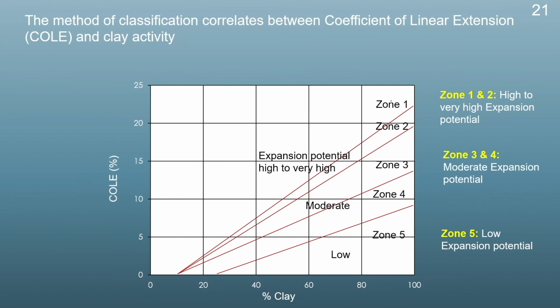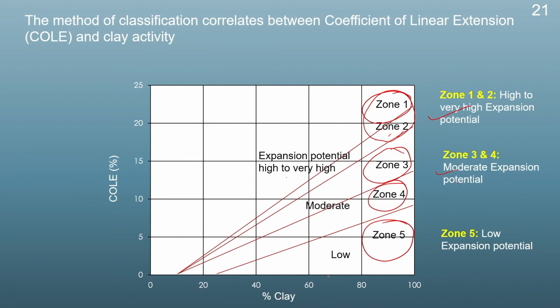So, here we can see again zone 1 to 2. If the soil falls in zone 1 to zone 2, the expansion potential will be high to very high. If the soil falls between zone 3 to zone 4, the potential of expansion will be moderate, and if the soil falls in zone 5, the potential of expansion will be very low.